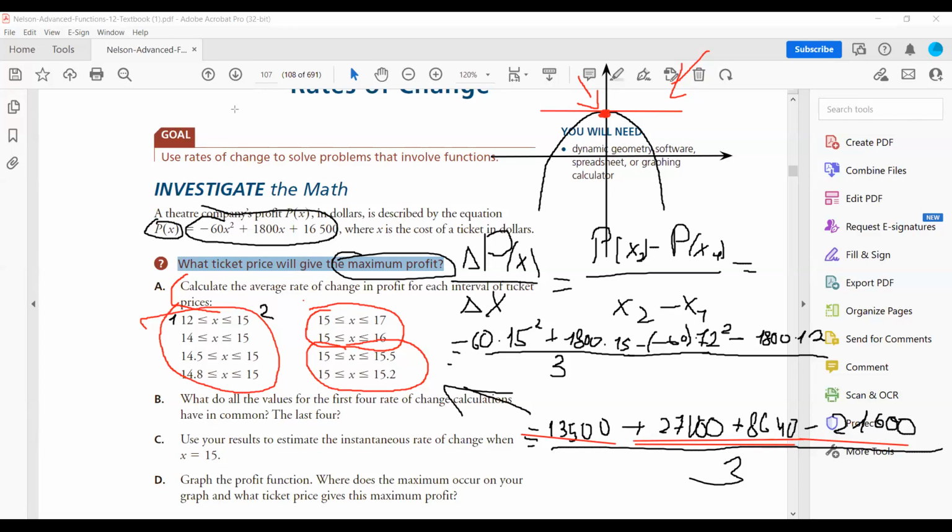So negative 13,500 subtract 21,600 plus 27,000 and... wait a second, 1,800 times 15.